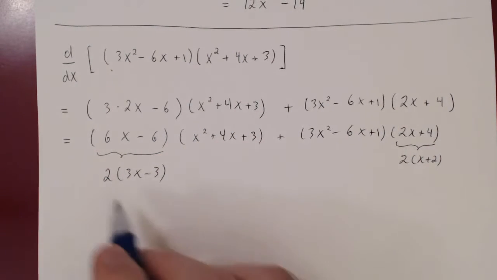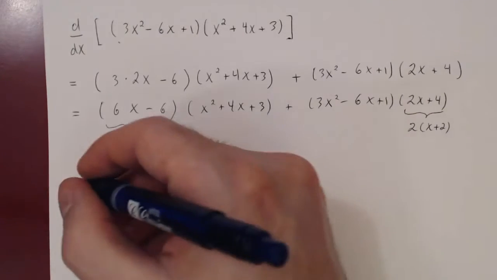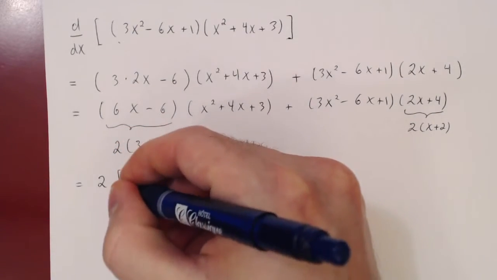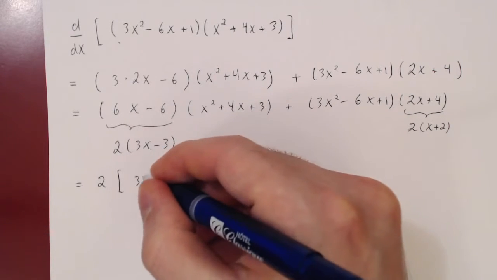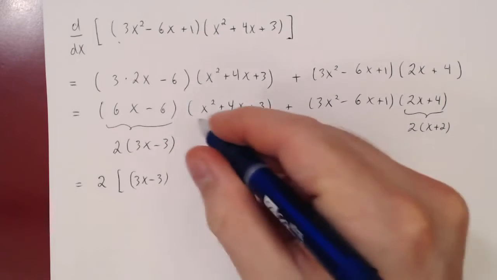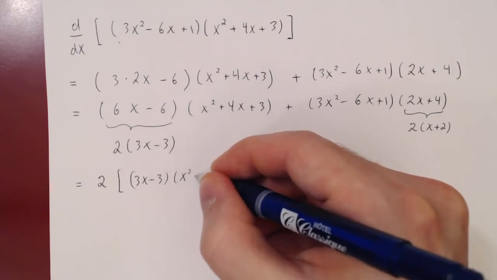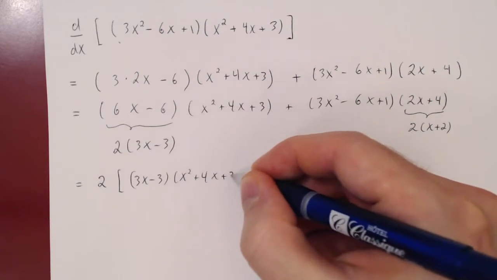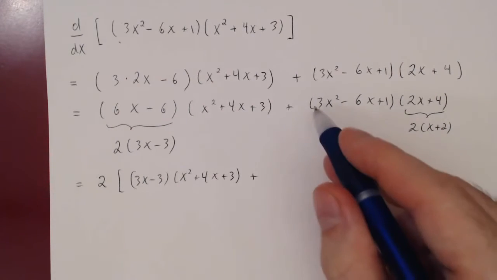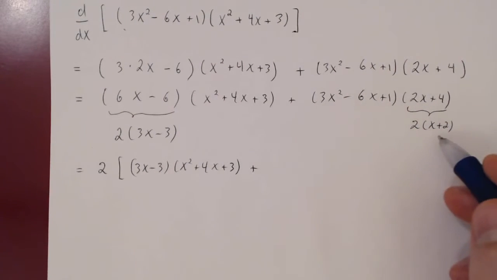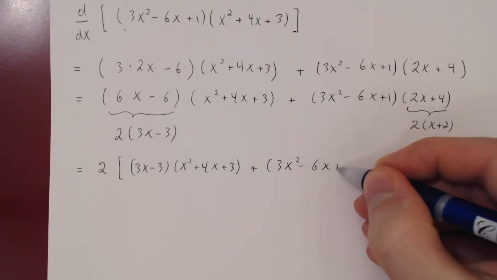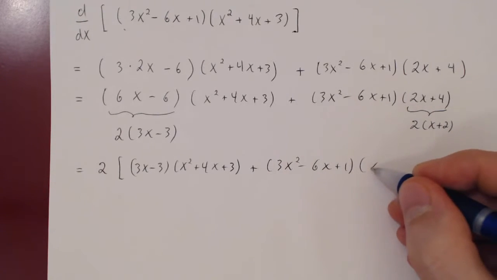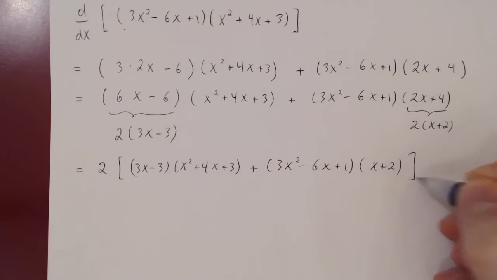So we can factor a 2 from both of these terms, and this will give us 2 times 3x minus 3 times this quadratic, x squared plus 4x plus 3, plus this quadratic times, now we've pulled the 2 out, so we're left with x plus 2. So 3x squared minus 6x plus 1 times x plus 2.